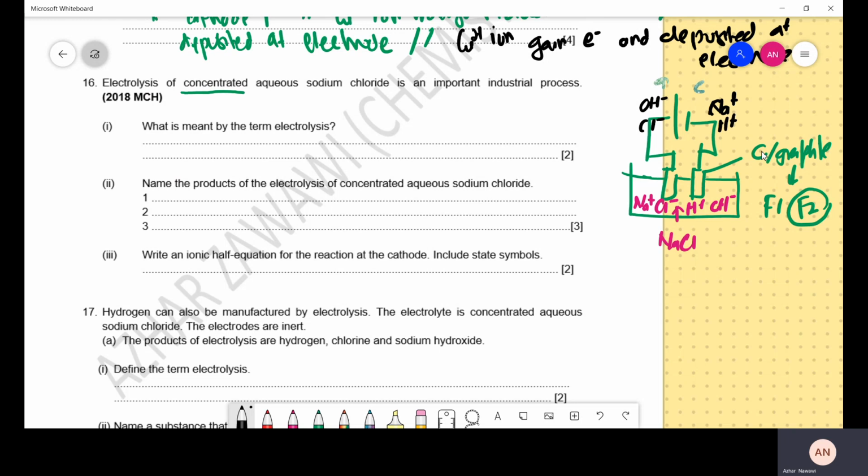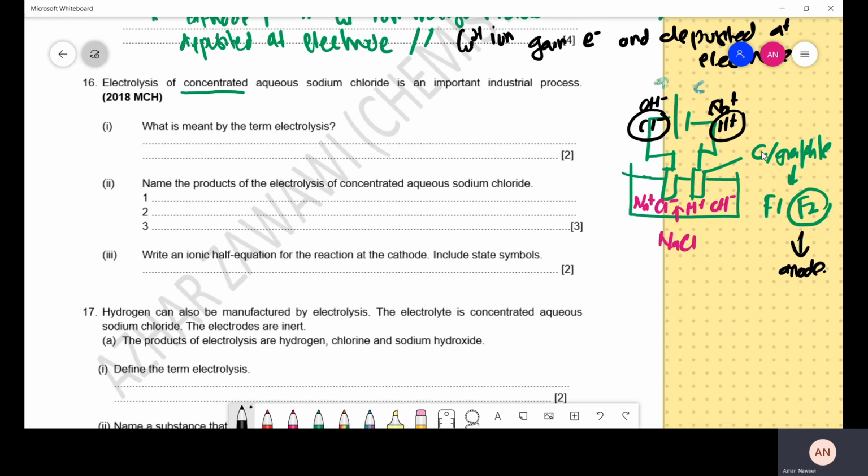Concentrated, factor 2. Remember, the problem is always the anode. For factor 2, take the upper one in the series, which is chloride. So you take chloride. The cathode, no problem, you take the lowest, H+.